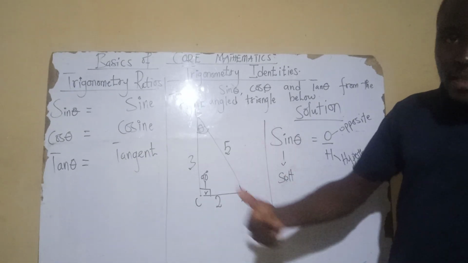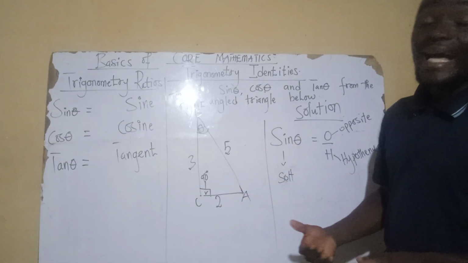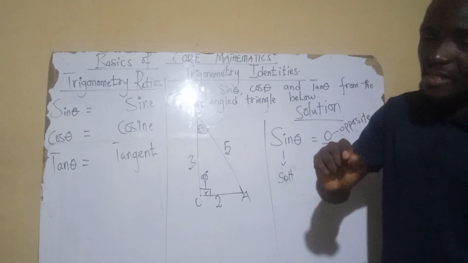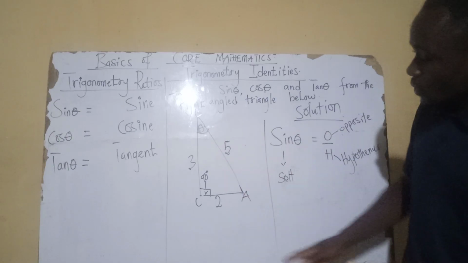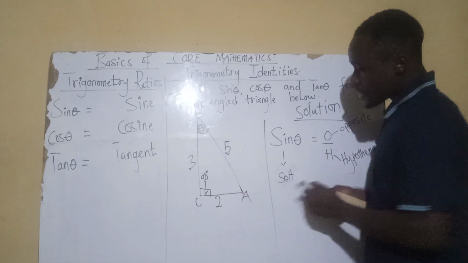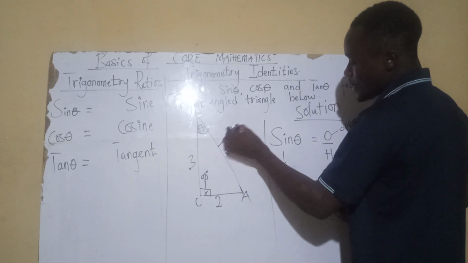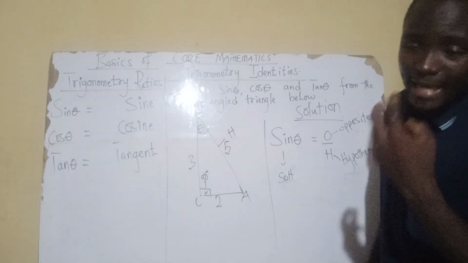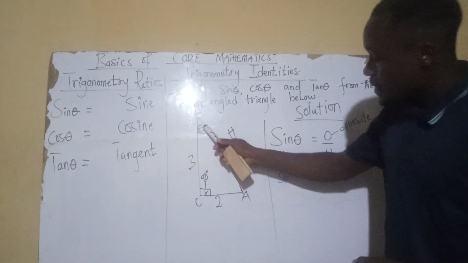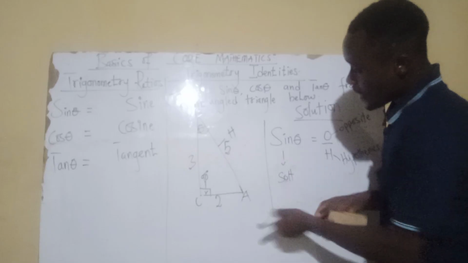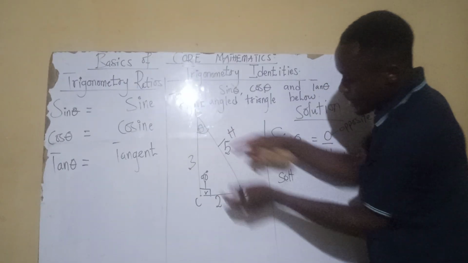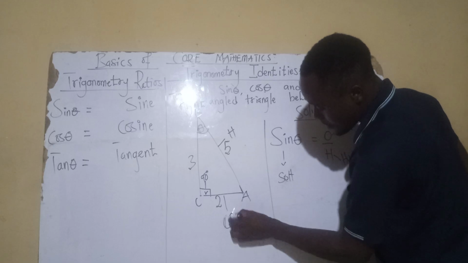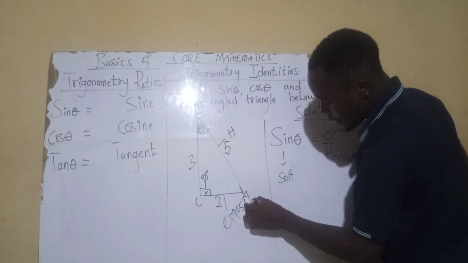Now let's come back to the right angle triangle. We say that a right angle triangle has three sides, and each of the sides has a name with respect to the reference angle. Always the longer side becomes the hypotenuse, which I will label H. And always where the angle of reference is facing, where it is looking at, becomes the opposite, which I will label O. You see here it is facing this side, CA, so this becomes the opposite.